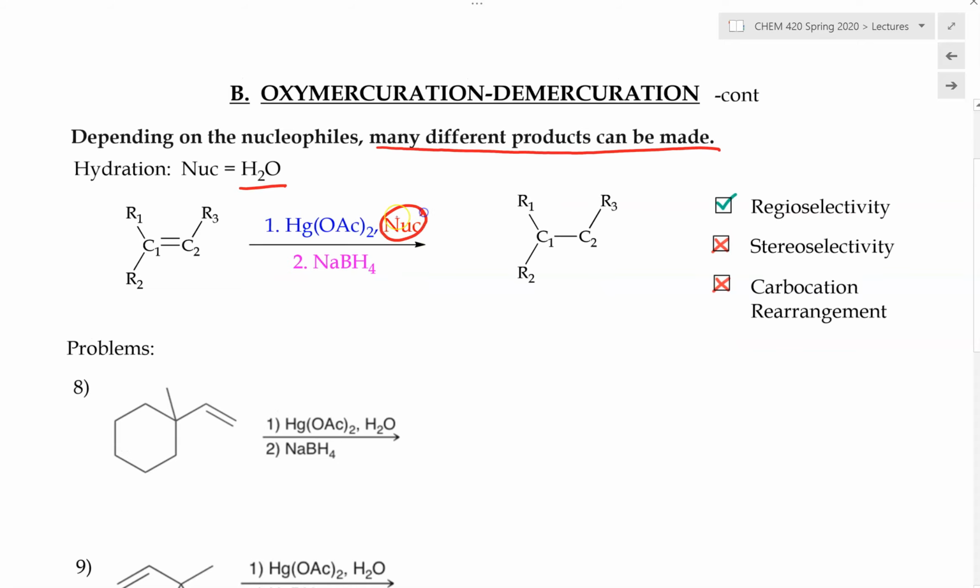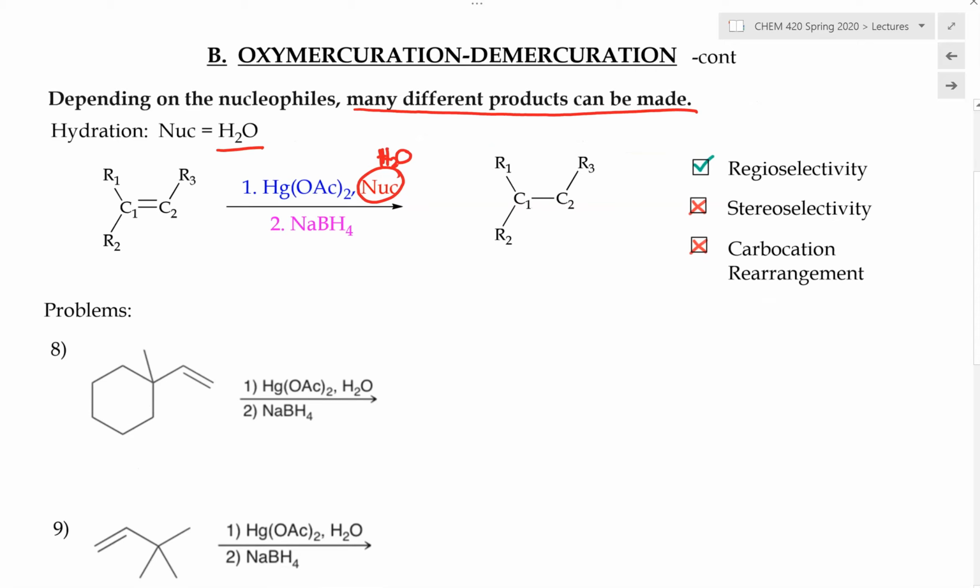In this case, the nucleophile would be added to the more substituted carbon, and the hydrogen is added to the less substituted carbon. And that is the regioselectivity in this oxymercuration-demercuration method. And again, the product would be considered the Markovnikov product.